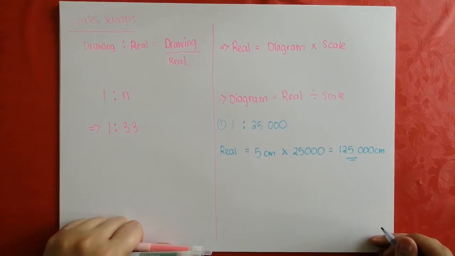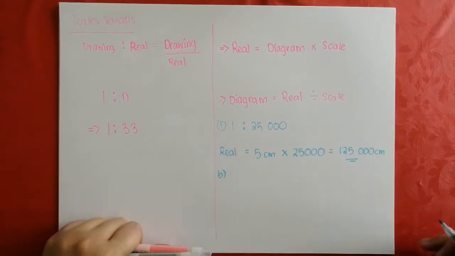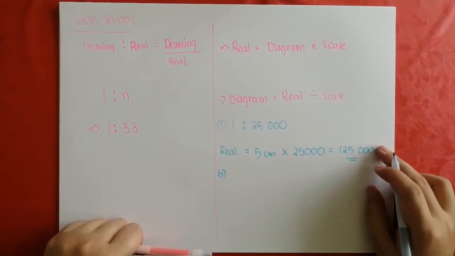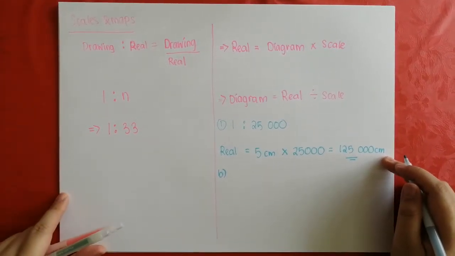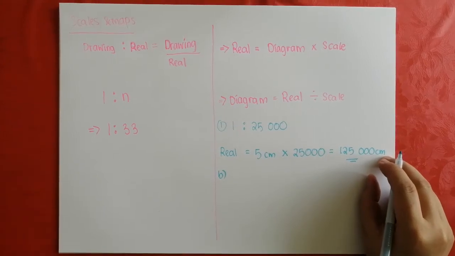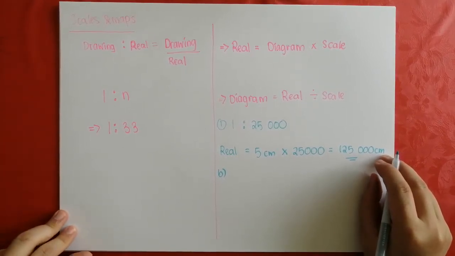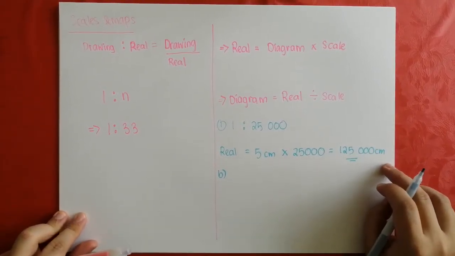Then for part B, I need to express this length in kilometer. In order to change centimeter to kilometer, let's recall the conversions related to length.